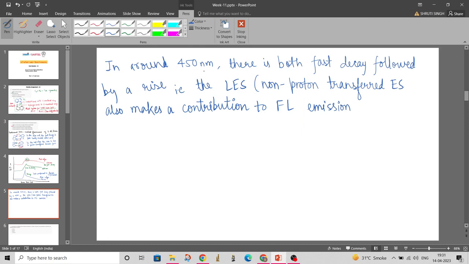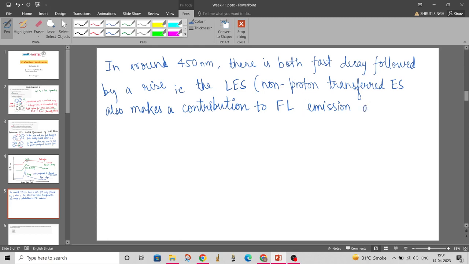So at this wavelength, in the mid wavelength, there is both a decay and then a rise. So the locally excited state also makes a contribution to the fluorescence emission, and then there is a rise which is due to the proton transfer state.